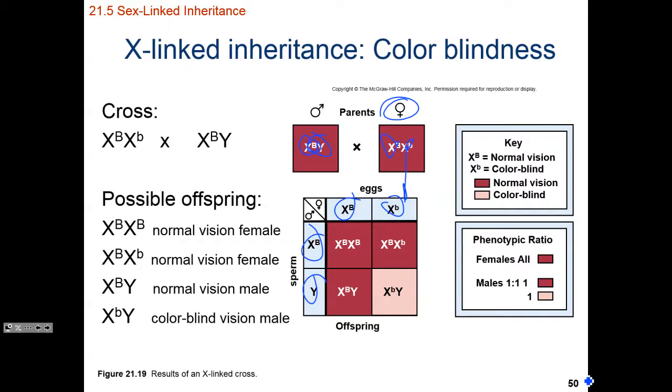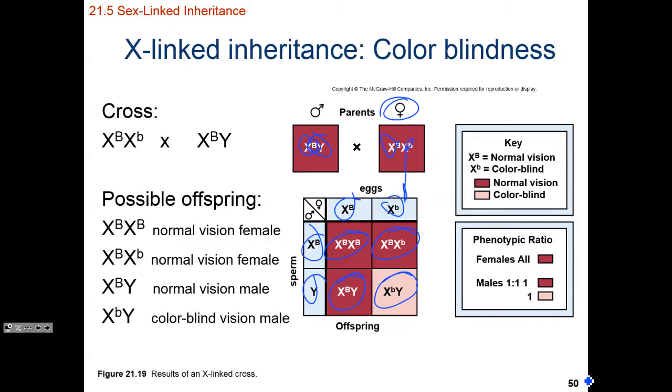Now the offspring has two X chromosomes. That offspring is female. So this female and this female are not colorblind because they have at least one dominant allele. This male, the XY, is not colorblind because he received the dominant allele from mom. But this male is colorblind because he received the bad allele from mom.